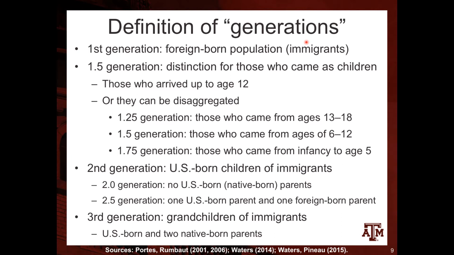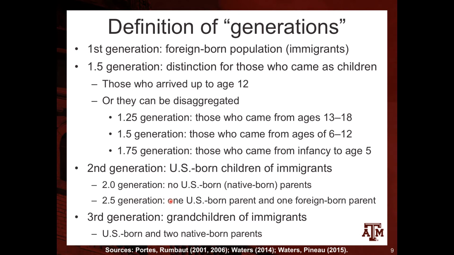And again, you can subdivide this group by having the second generation as those that don't have any US-born parents. Both of their parents were born in another country. They were born in the US, but their parents were both born outside, so they are second generation.